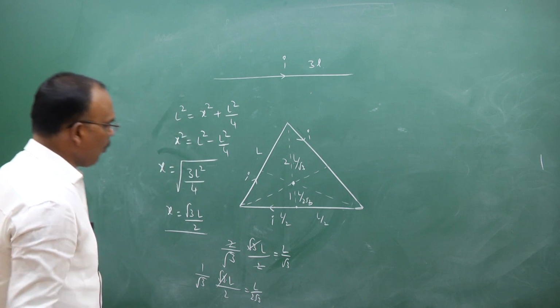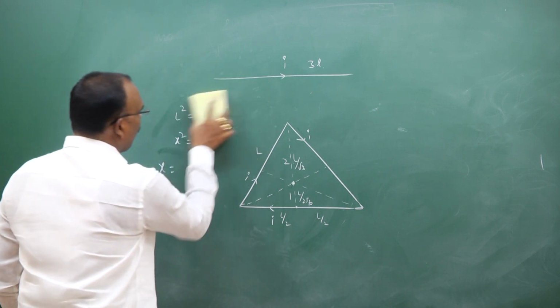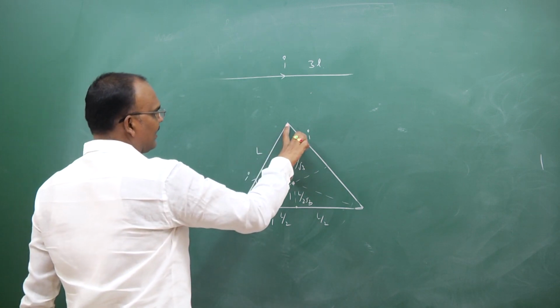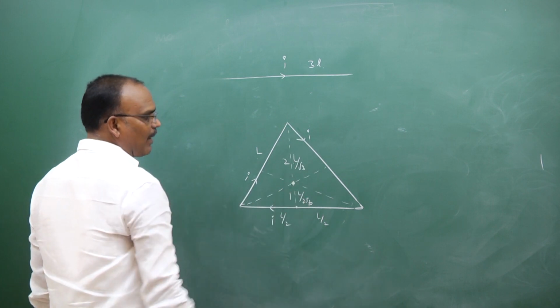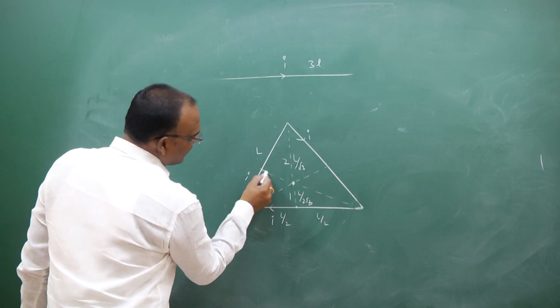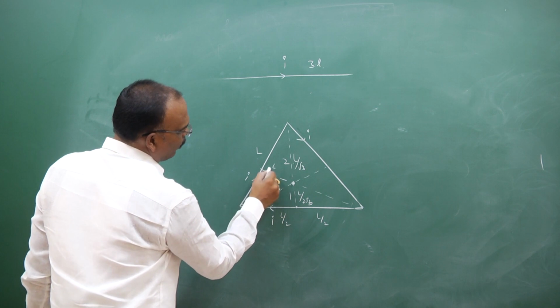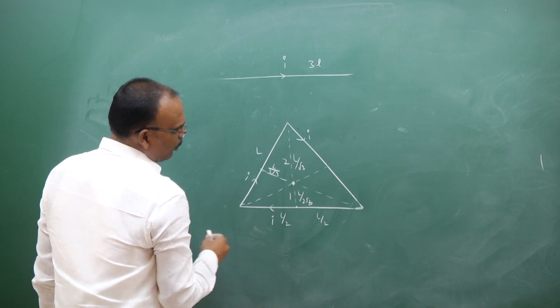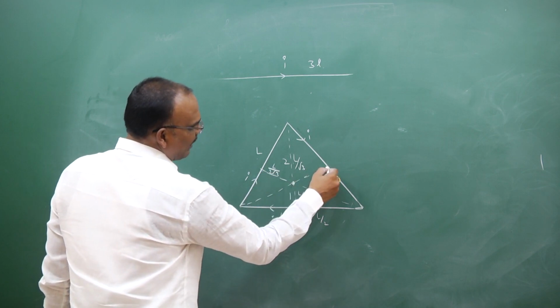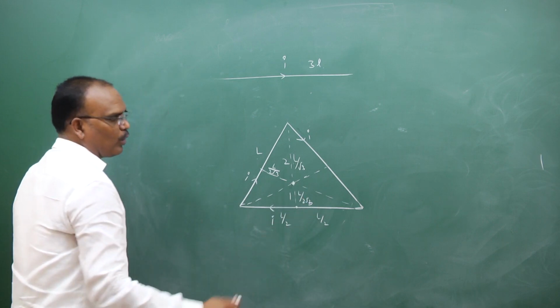Okay, now we know this length is L by root 3, this length is L by 2 root 3. That means this length is L by 2 root 3, this length is L by 2 root 3, this length is L by 2 root 3.